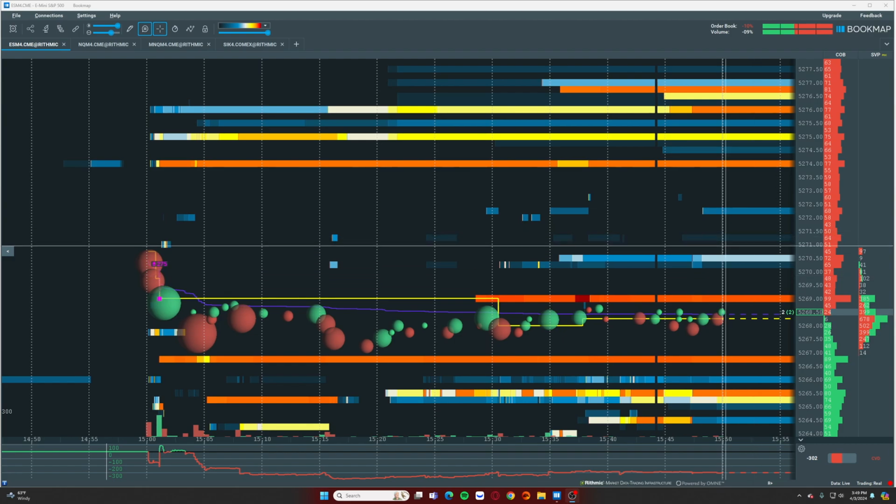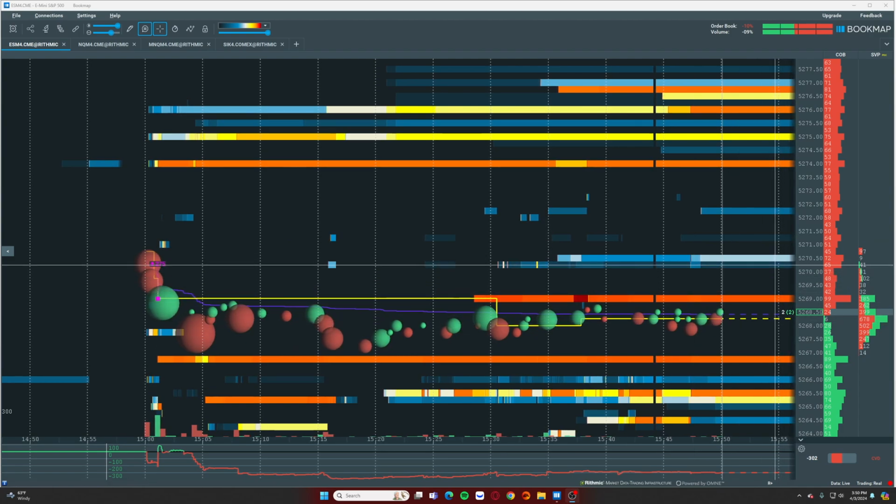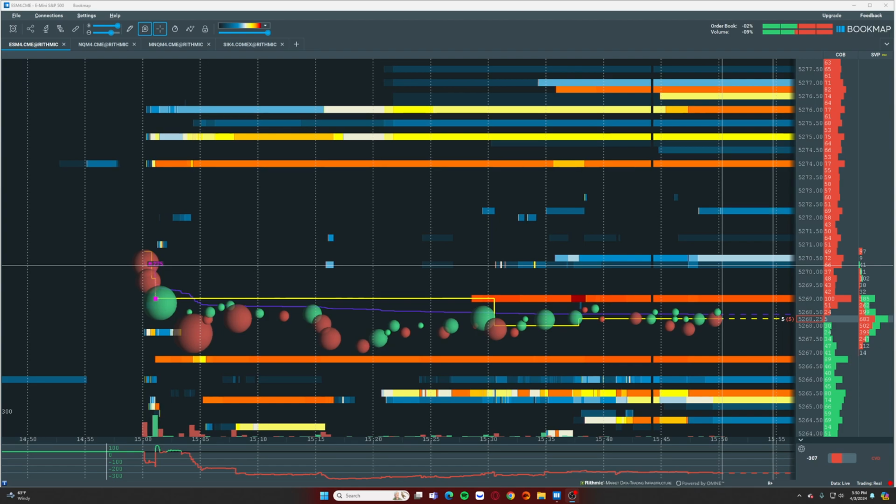If price was down or up at 52.70 and we had POC at 52.68, you could assume because of POC, price is going to magnetize and go towards 52.68. It's going to go towards that point of control. Why? Because buyers and sellers want price at point of control. You know what I'm saying?